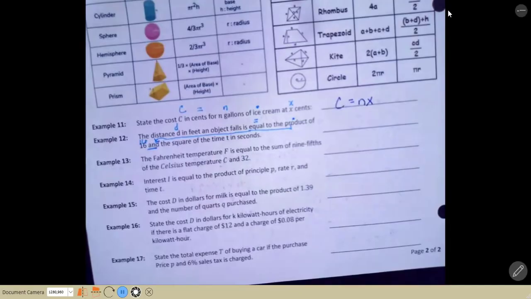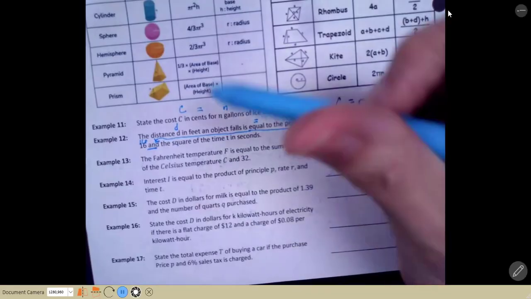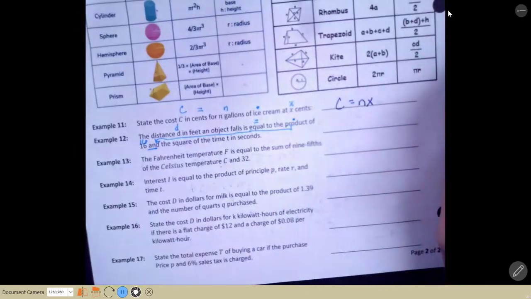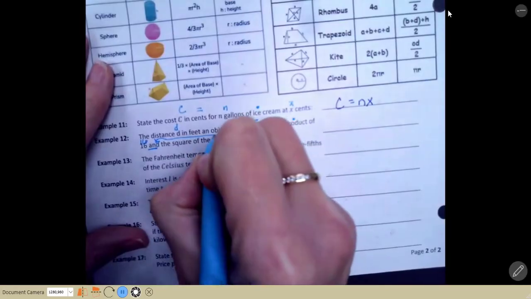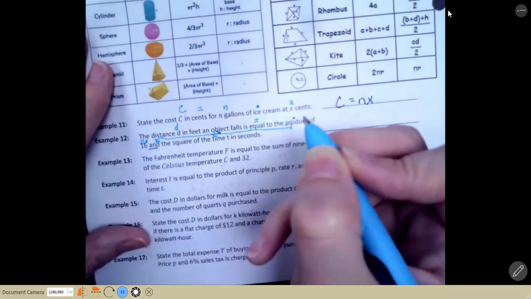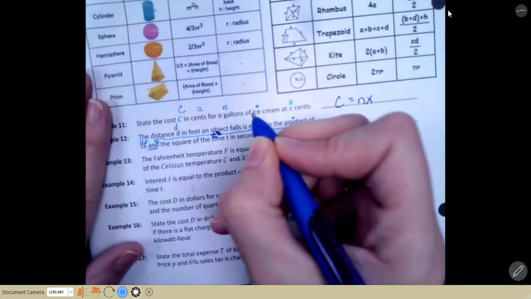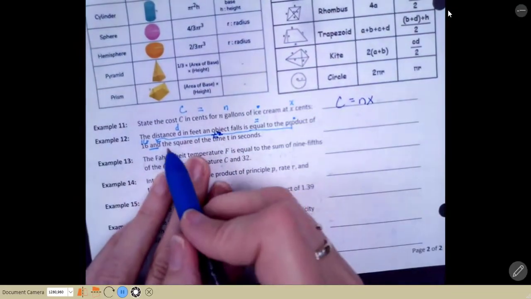Now, let's reread this. The distance in feet an object falls is equal to the product of 16 and the square of the time in seconds. T squared. So let's put this all together.